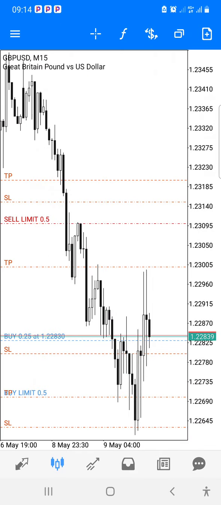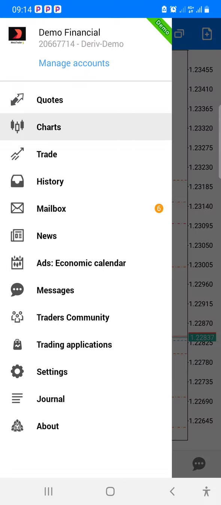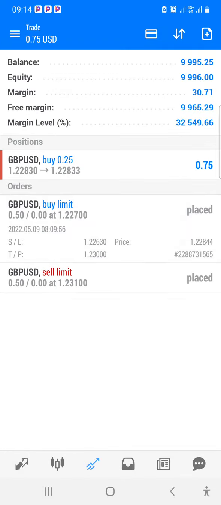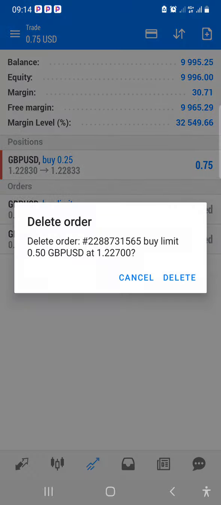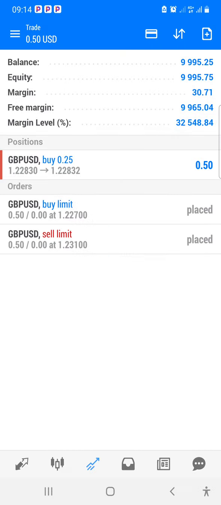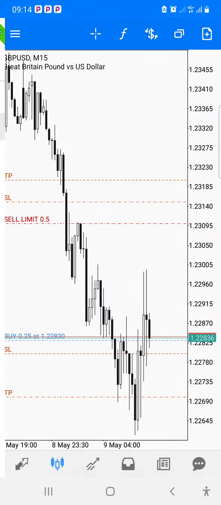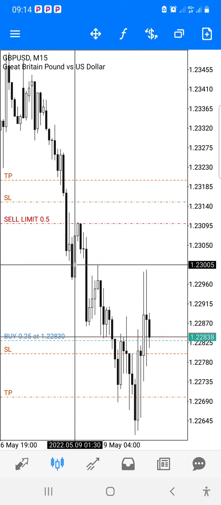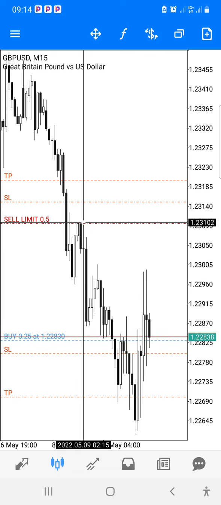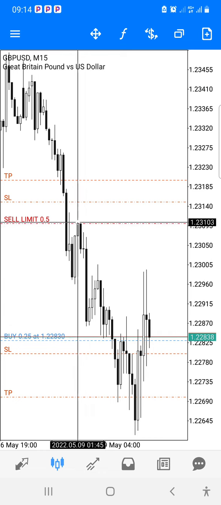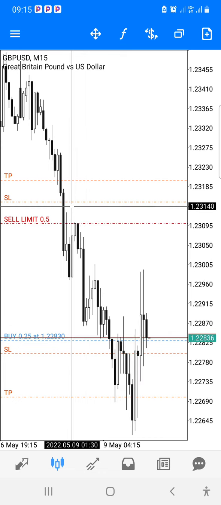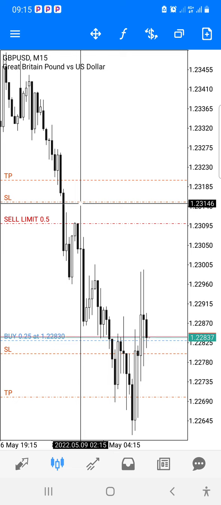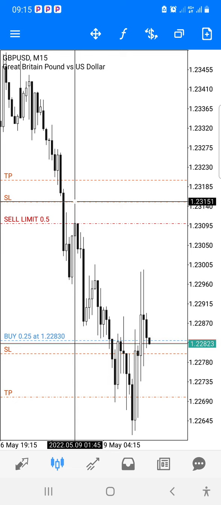Once you check the charts now, wait, let me delete this one, this buy limit. So you can see now, this is my sell limit order here, this point here. And my SL, how do I even do this safe?